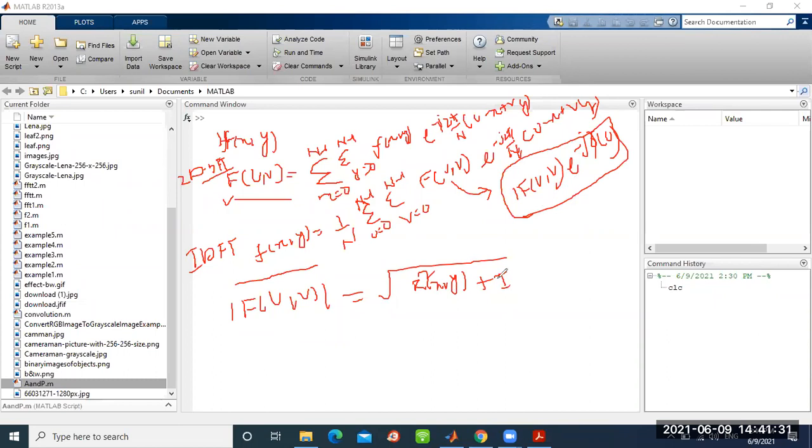So there will be a real part and an imaginary part, and the square root of these two functions will give the magnitude spectrum or Fourier spectrum.